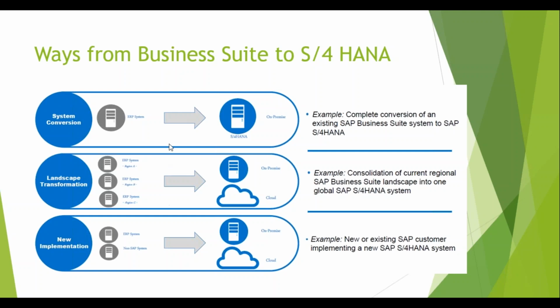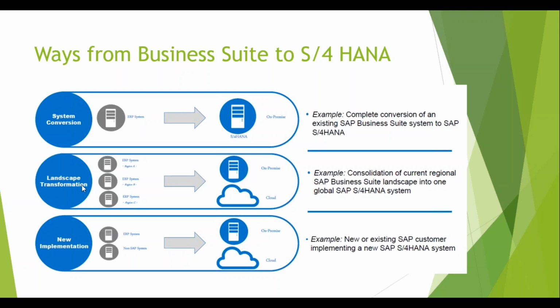Conversion means using the same hardware and upgrading your hardware as well as your application to cope with the new requirements. So the same hardware will be used and this hardware is already on premise. That is the reason this will be only on premise. If you decide to go from this hardware to cloud, then this will be treated as a new implementation, not the system conversion.